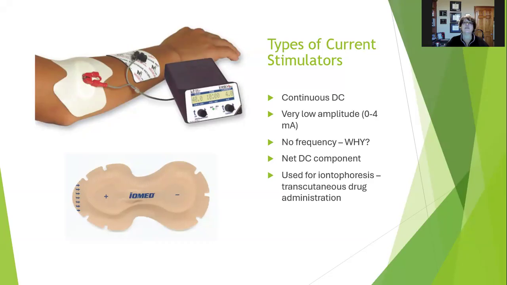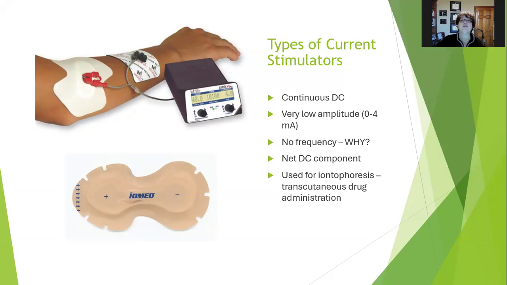There's no frequency because we don't have pulses, we don't have cycles. It's direct current. It's just always on, always one phase. There is a net charge that builds up underneath the electrodes because we're using it to drive the charged medication into the skin.